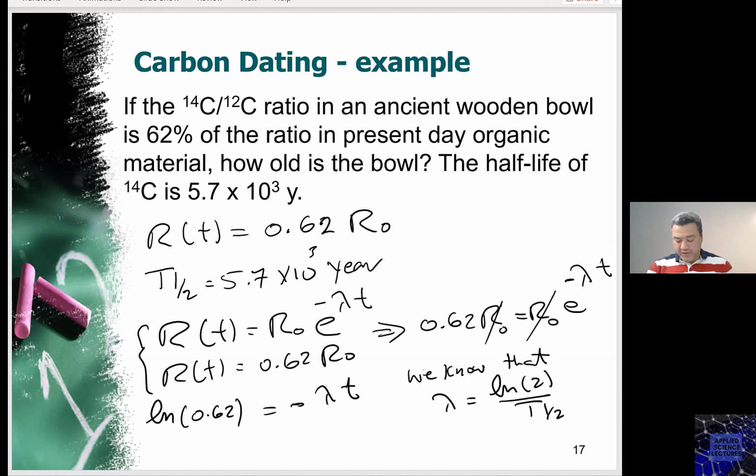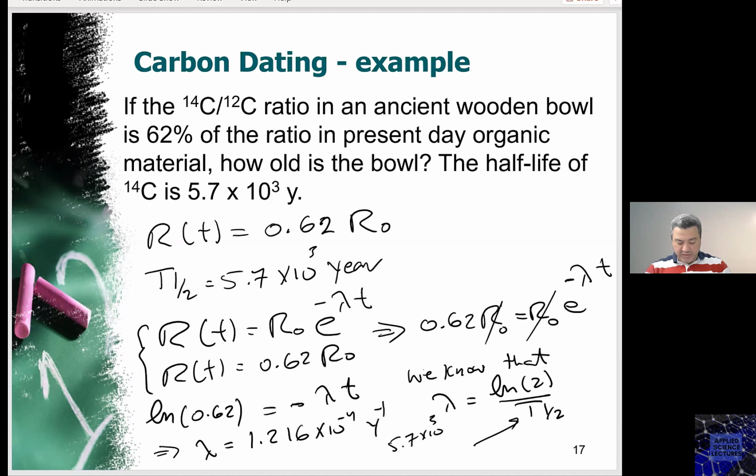Then substituting the half time with 5.7 times 10 to the power 3, we have the lambda here with a unit of per year. So the lambda here becomes 1.216 times 10 to the power minus 4 per year.